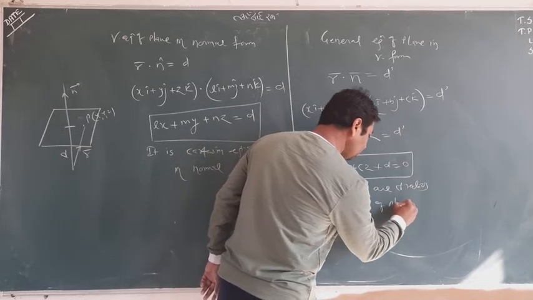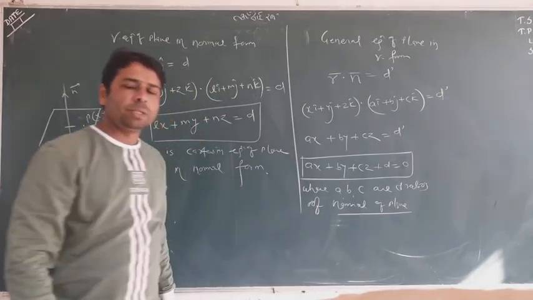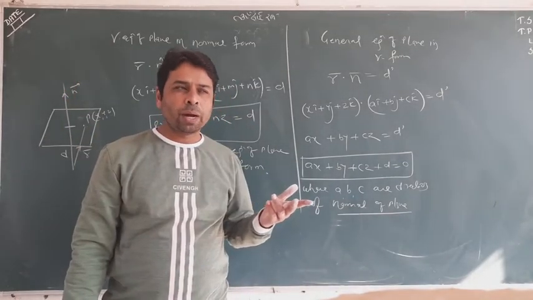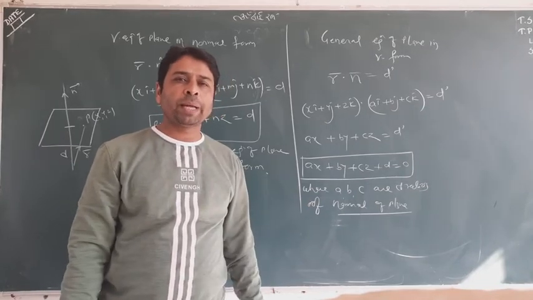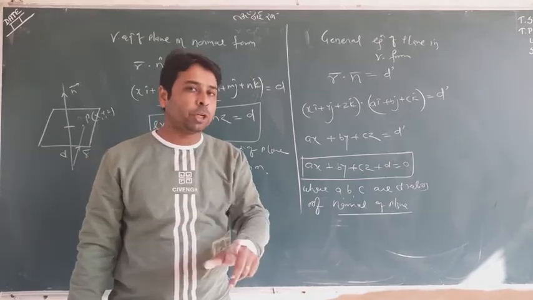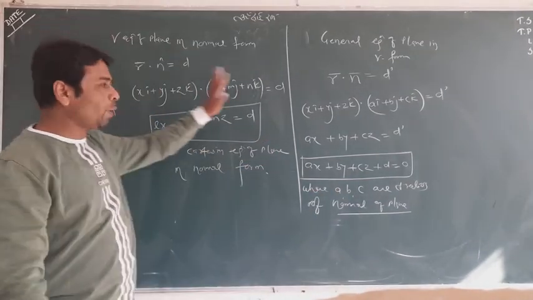This is very important language. Sometimes students say a, b, c are ratios of the plane. That's a silly answer. Don't reply like that. a, b, c are ratios of the normal of the plane.